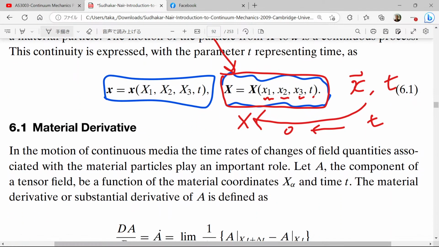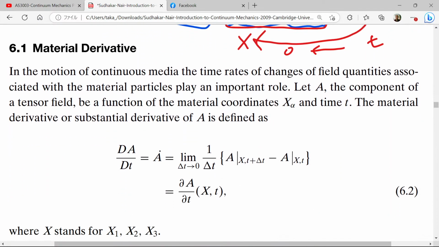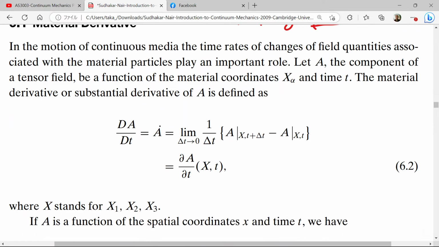Okay, so the material derivative. In the motion of continuous media, the time rate of change of field quantities associated with the material particles plays an important role. Very difficult.